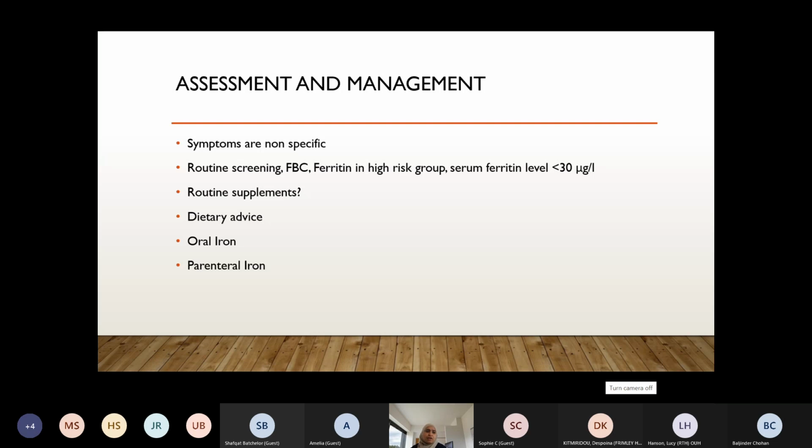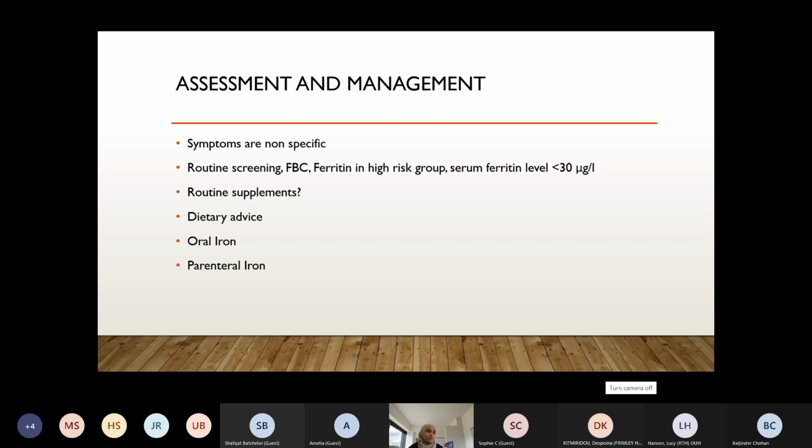And then again, there is a large debate in the literature regarding routine supplementation. So still, from the data, there is no evidence that routine supplementation improves outcomes in pregnancy and reduces the risks because of the anemia. But again, this strategy has to be tailored according to your healthcare.